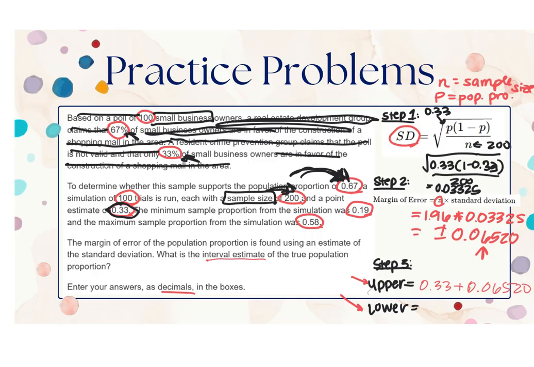To find our lower, we take 0.33 and subtract our 0.06520. And when we calculate that, our interval estimate is going to be 0.2648 to 0.3952.